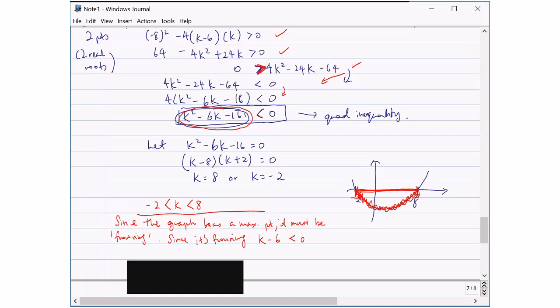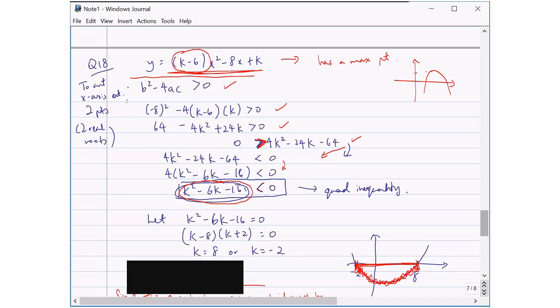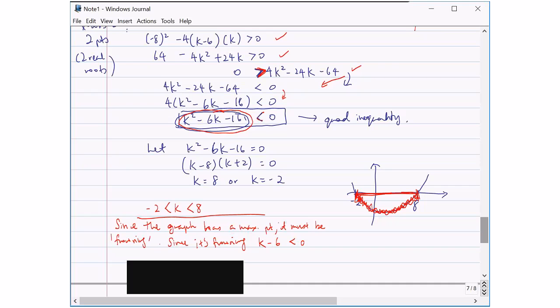But the answer doesn't say -2 to 8. It says something else. This is because the question says the original equation has a maximum point. For the original equation to have a maximum point, it must be a frowning graph. Since it's a frowning graph, a must be less than 0, and a is k minus 6, which means k must be less than 6.